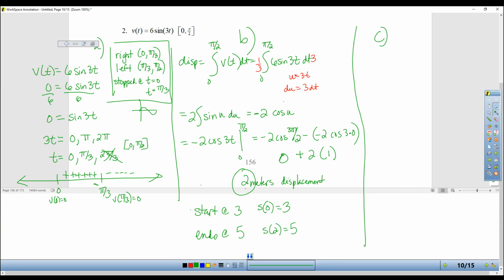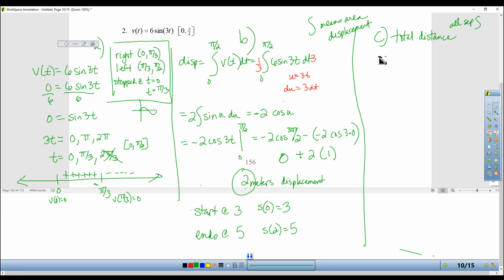Part C, you can look on your own paper, it says find the total distance. So remember, integral means area under the curve, or in SVA problems, means area or it means displacement. If you ever want total distance, you need to have all separate integrals. So the positive ones and the negative ones have to be separated.